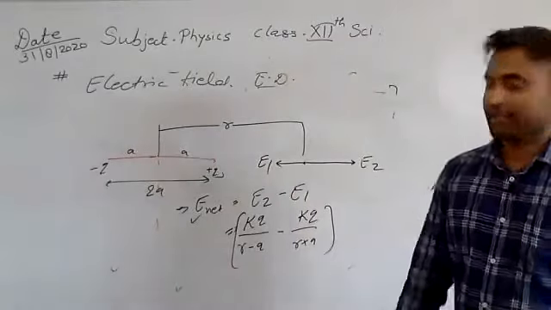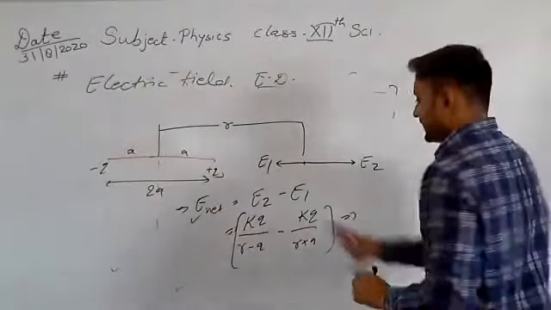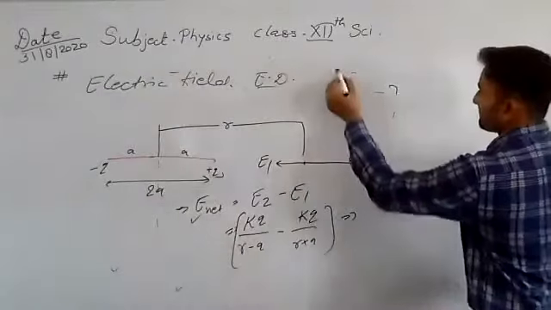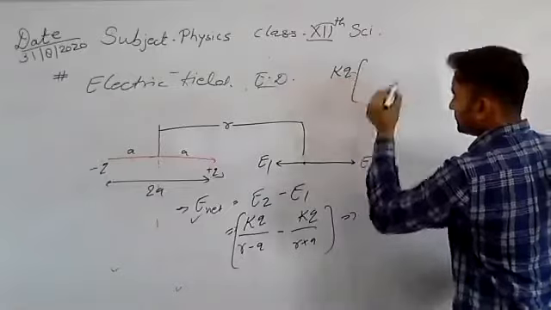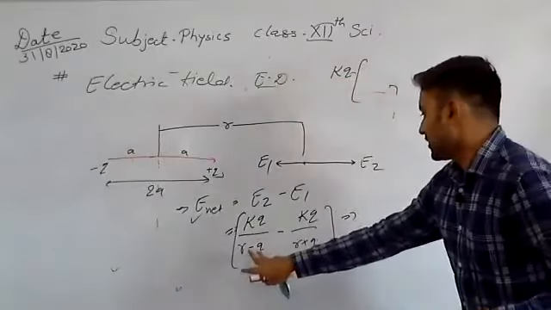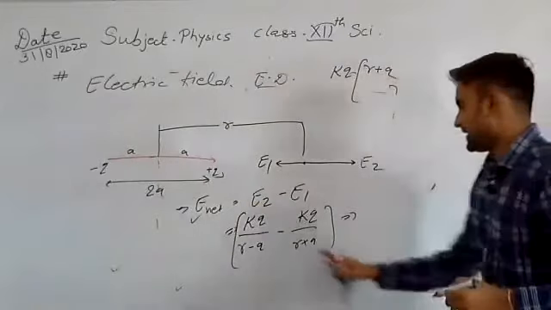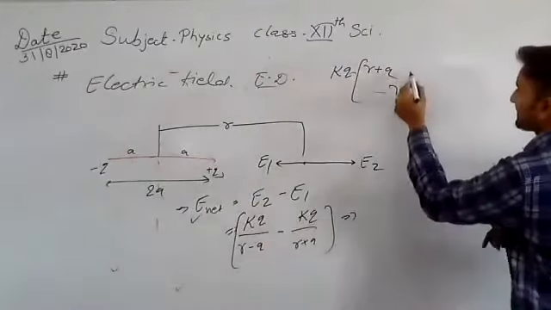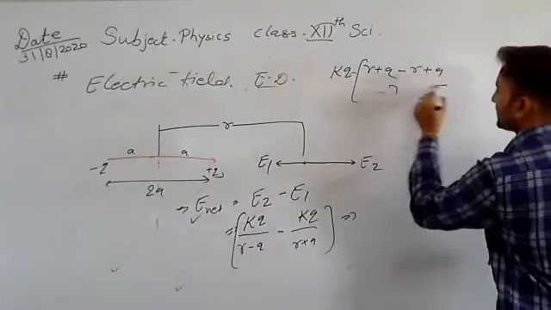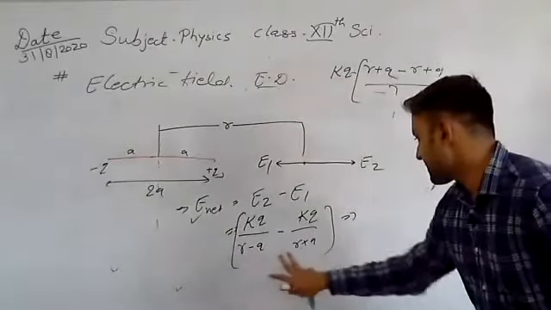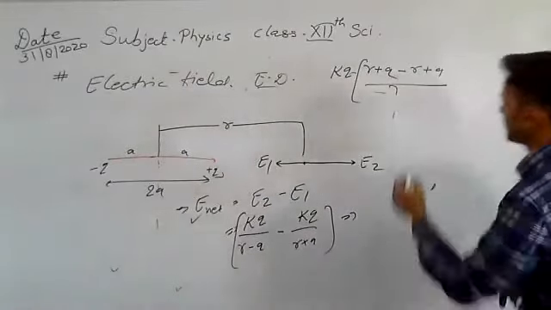Taking kQ common, it becomes (R plus A) square minus (R minus A) square, divided by (R square minus A square) square.